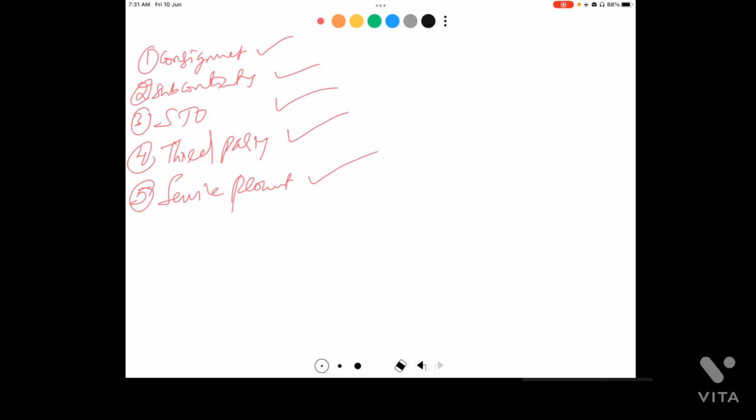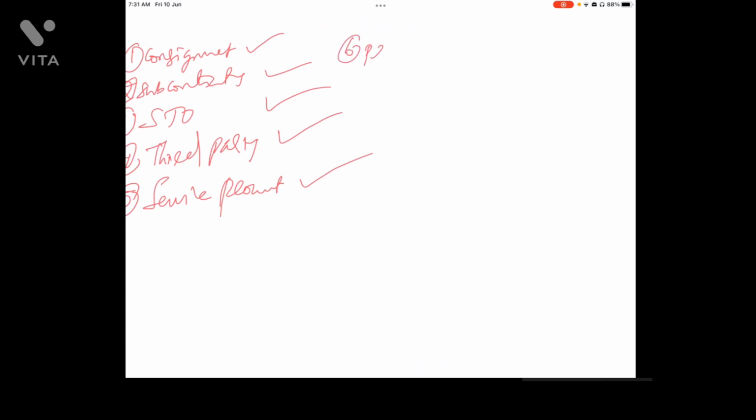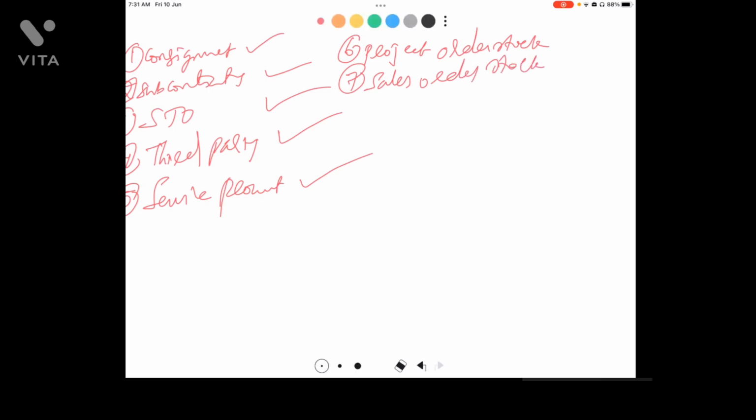And apart from this, we have others also: project order stock procurement, and sales order stock procurement, and we can say production order procurement also, and even maintenance order also.